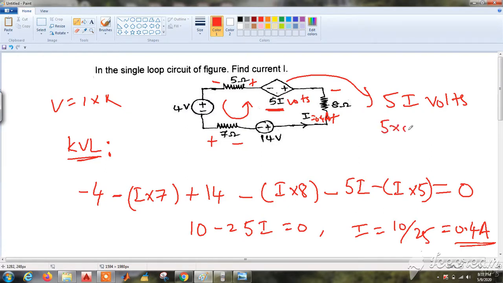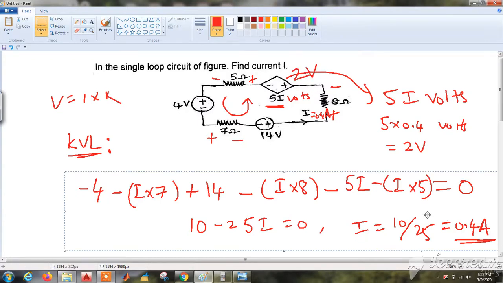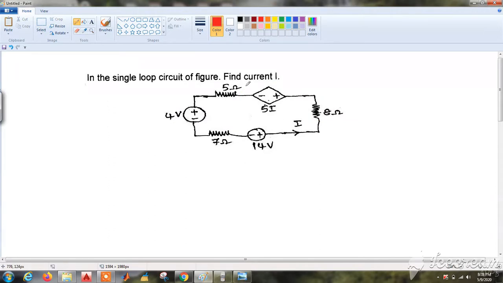So 5 into 0.4 volts is equal to 2 volts. So here the voltage will be 2 volts. But in the question it was asked to find the current I, so we have found the current flowing in the circuit, that is I equal to 0.4 amperes is our answer.